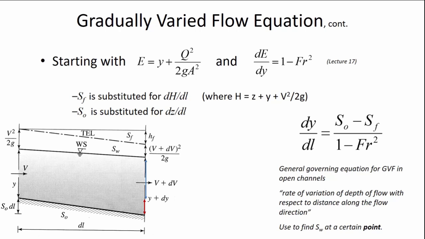And so at any point, right here for example, we could find out what is the slope of the water surface there, but we couldn't simply multiply that slope by some distance, delta L, and then find out the depth downstream, because if you project the slope, it's not necessarily going to be the same as the result of that curve.